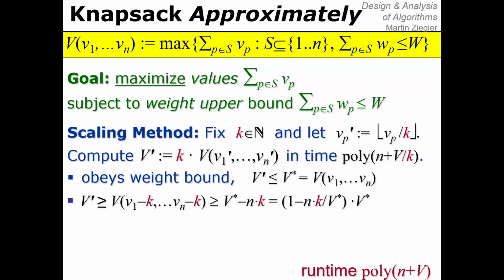And then this equality is just reformulating that, right? So 1 minus n times k divided by optimal value, times optimal value.